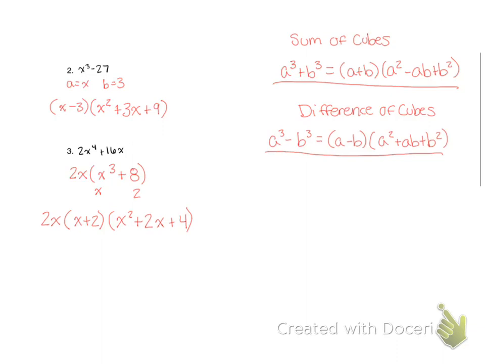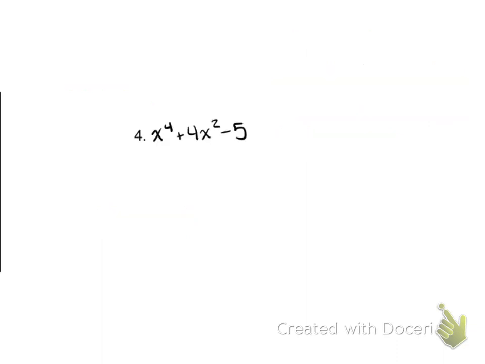So if we look at number 4, it gets a little interesting. We have x to the 4th plus x squared minus 5. So this is a trinomial, 3 terms. But this is what I want you to notice. You have x to the 4th straight to x squared. This is a very special kind of factoring. Okay?